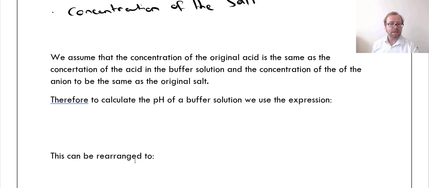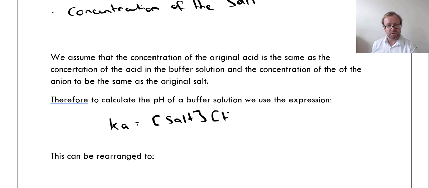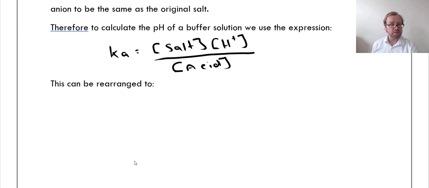Therefore, to calculate the pH of a buffer solution, we use the expression Ka equals the concentration of the salt times the concentration of H plus over the concentration of the acid, which means I can rearrange this to get H plus as the subject.